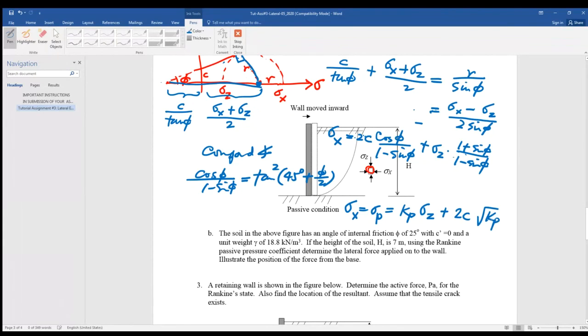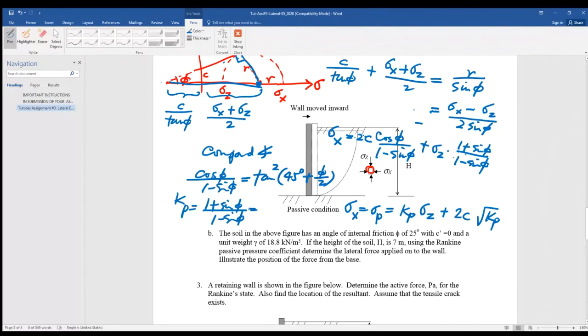Okay, of course, what is Kp? Kp equals to 1 plus sine phi over 1 minus sine phi, okay?